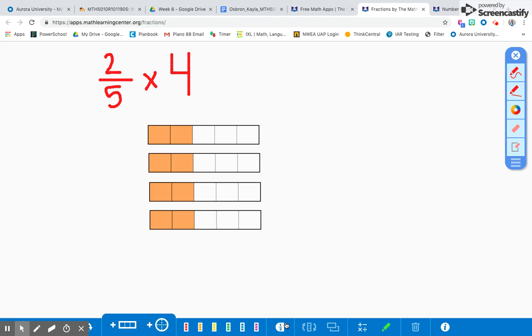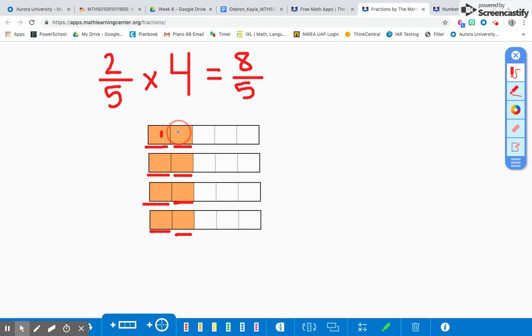Now is when we count. So now I'm going to count how many I have. I have 1/5, 2/5, 3/5, 4/5, 5/5, 6/5, 7/5, 8/5. So right now, 2/5 of 4 is 8/5. Now that's an improper fraction, so we could fix that.